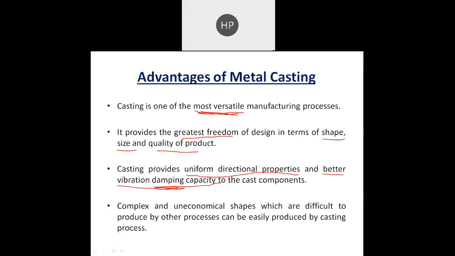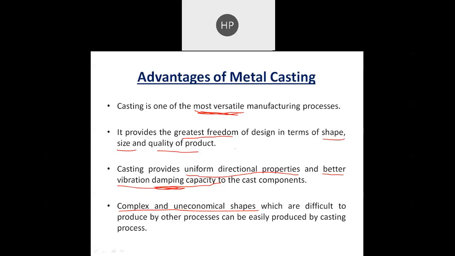Then complex and uneconomical shapes which are difficult to produce by other processes can be easily produced by the casting process. So, complex and uneconomical shapes. Complex shapes are very difficult to produce by any machining process, or by forming process, or by welding process.